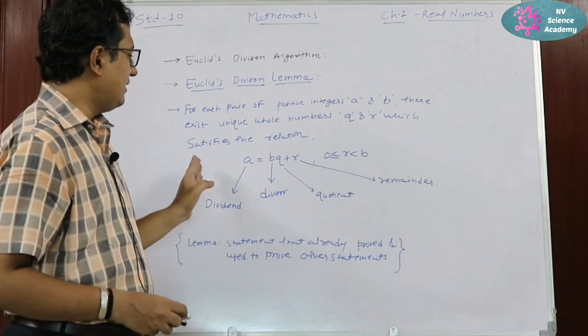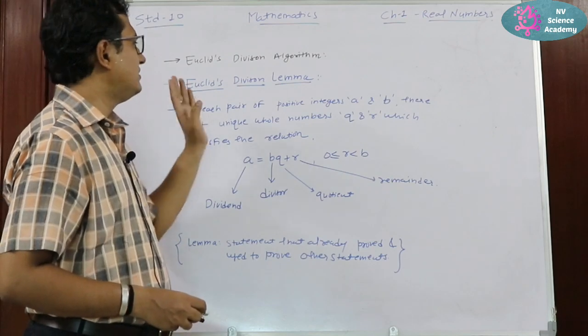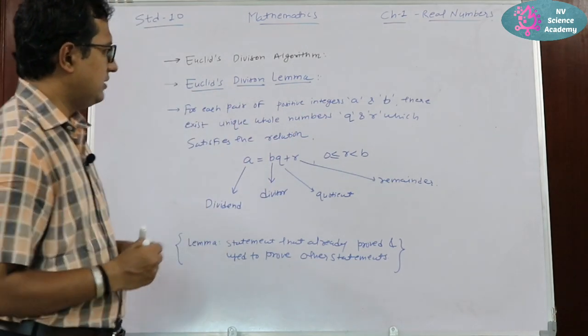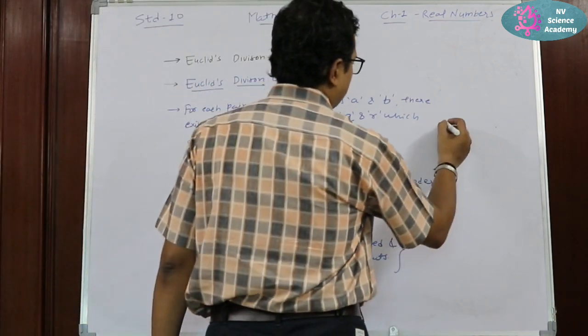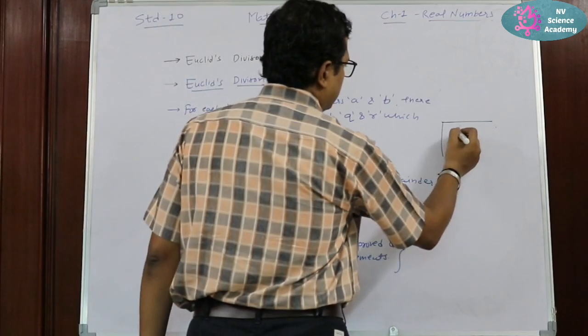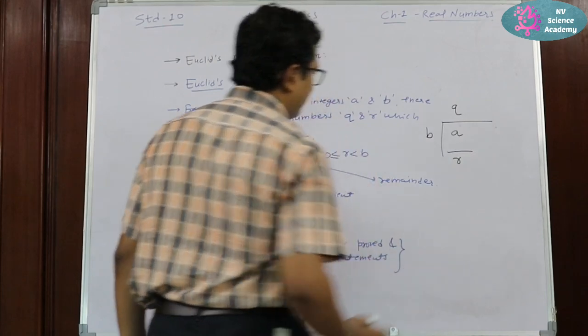If I can find all the values, then I can prove this Euclid's division lemma. If you observe, this is nothing but the division that we are doing. This is a, this is b, this is q, and this is r.